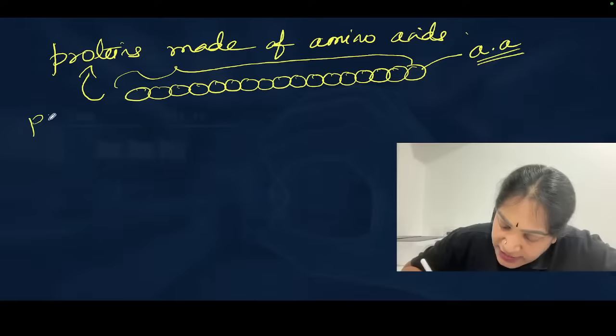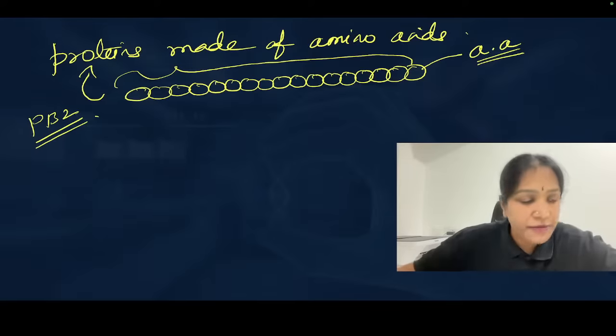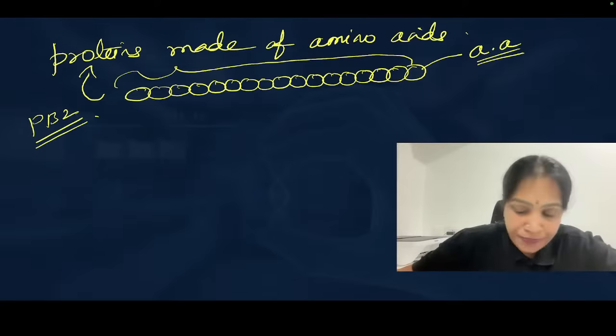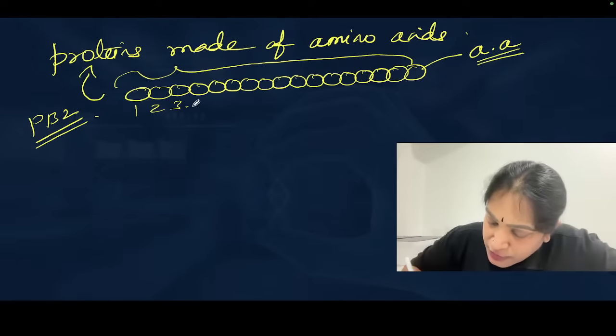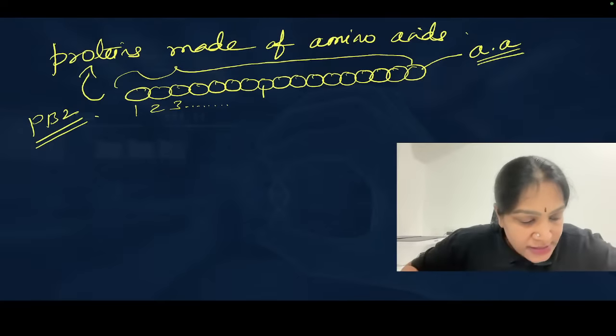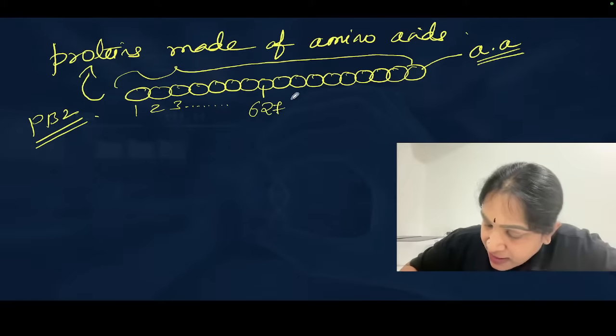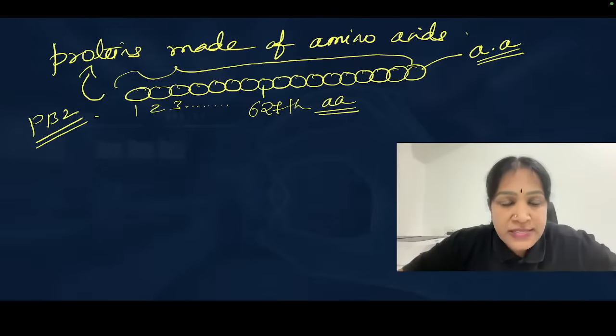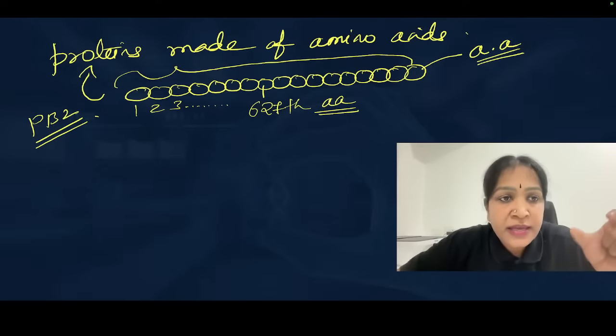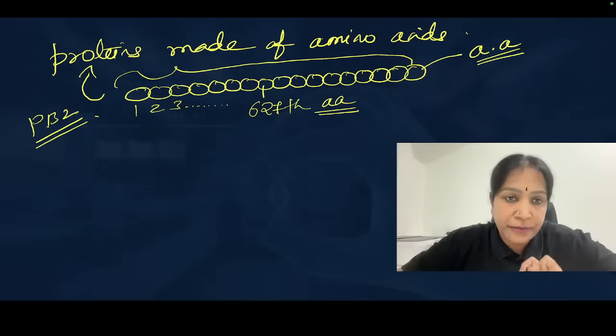Which protein is it? PB2. Now let us suppose 1, 2, 3 and so on. Let us suppose that it is the 627th amino acid in the PB2 protein.